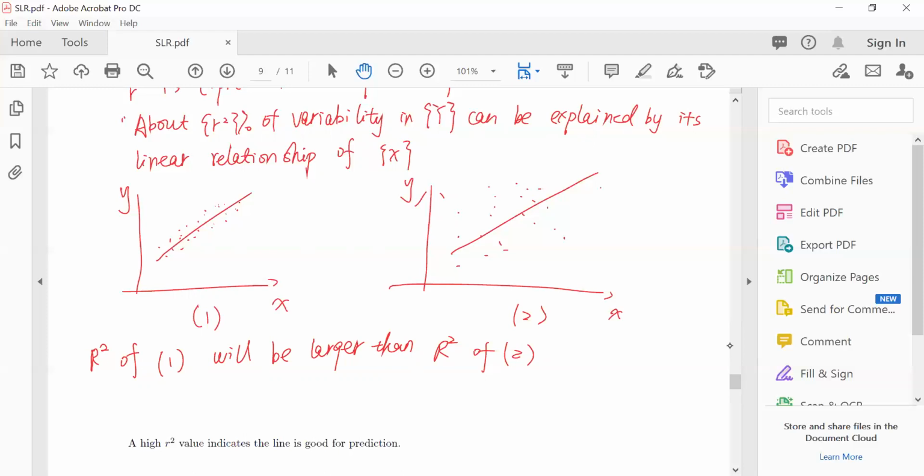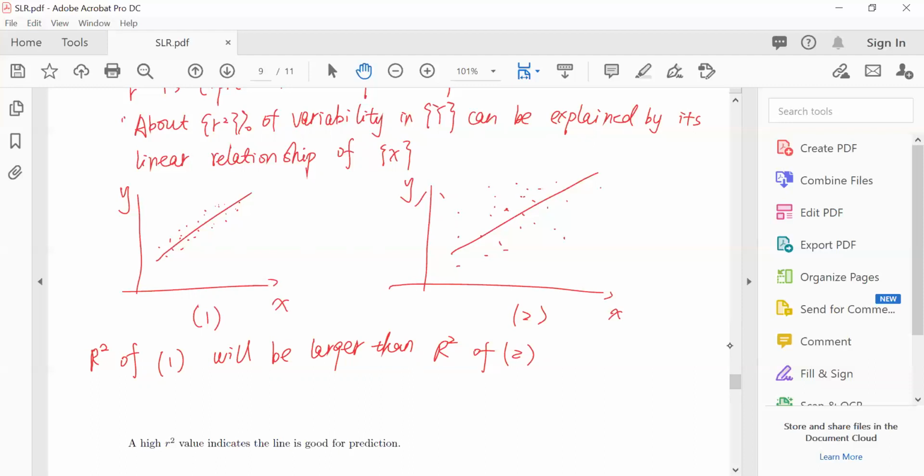Well, in this example 2 here, you could see the points, yes, they still do have a linear pattern like this, but they are more scattered around the line. It's not very clustered.